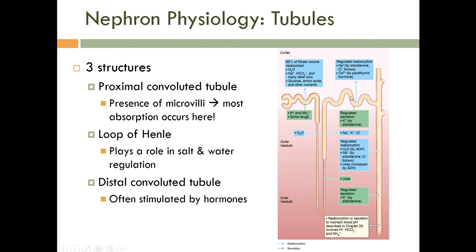And then the distal convoluted tubule can do aldosterone-stimulated secretion of potassium, and reabsorption of calcium and sodium, again, hormonally based. Most of what the distal convoluted tubule either reabsorbs or secretes is usually some sort of hormonal stimulus for turning that on.